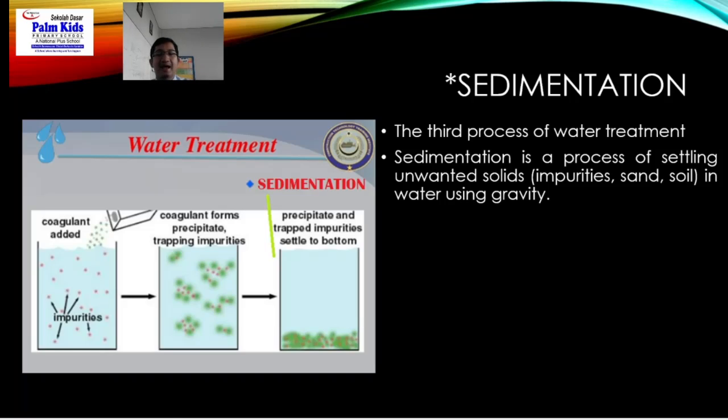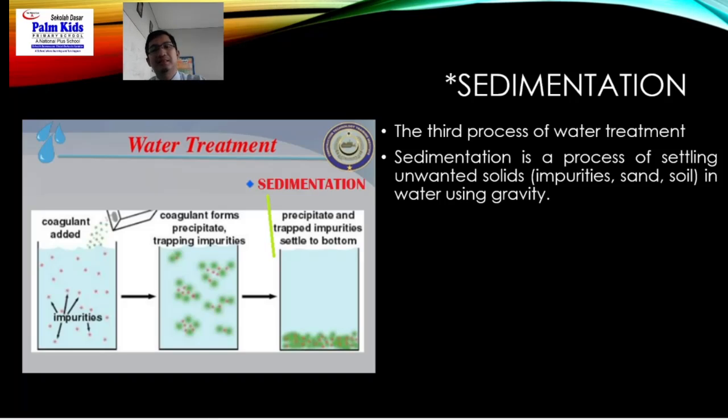And how does it happen? It just uses gravity. What is gravity? Gravity is a force that pulls things down to the center of the earth. Just like when you jump, you always go back to the earth. And it's the same thing with this water.